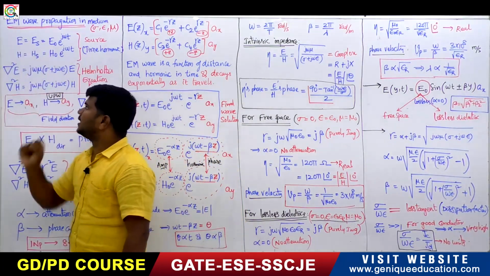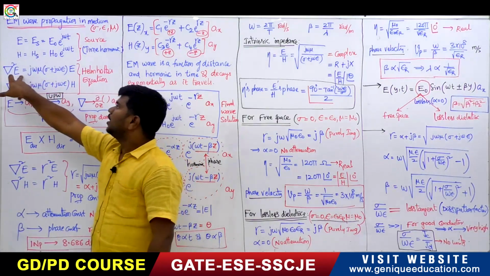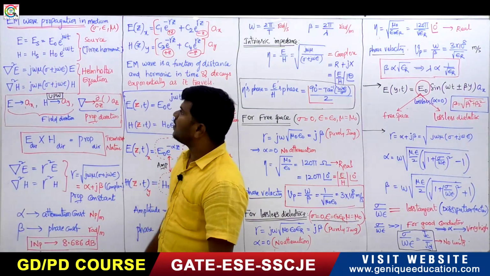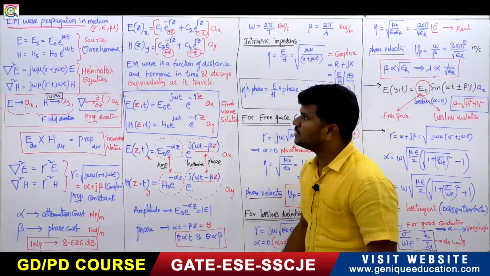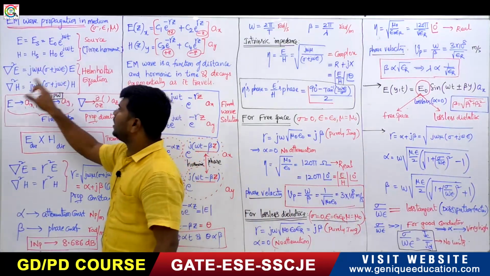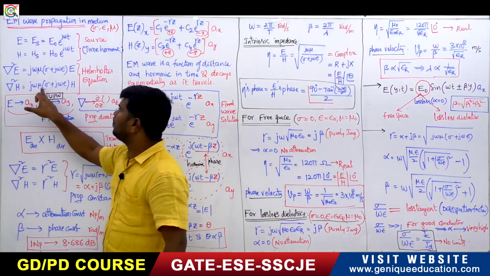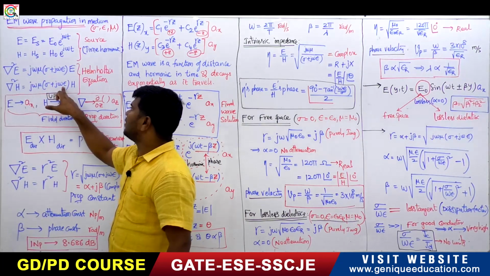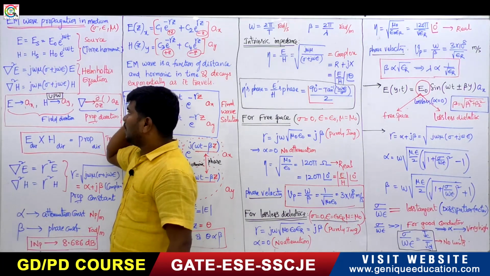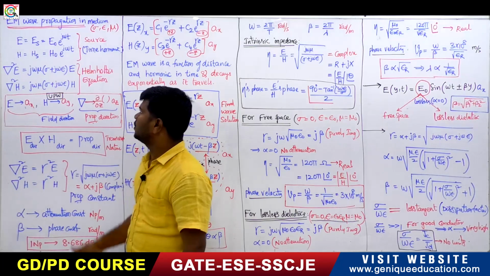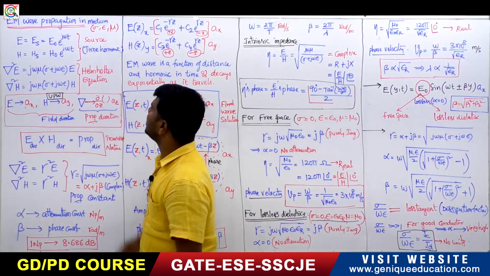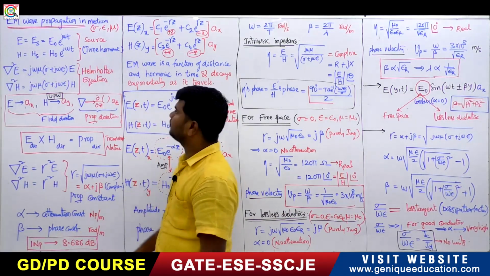If you reduce the equations, you will get del square E is equal to j omega mu (sigma plus j omega epsilon) into E, and del square H is equal to j omega mu (sigma plus j omega epsilon) into H. These two equations are called the Helmholtz equations.